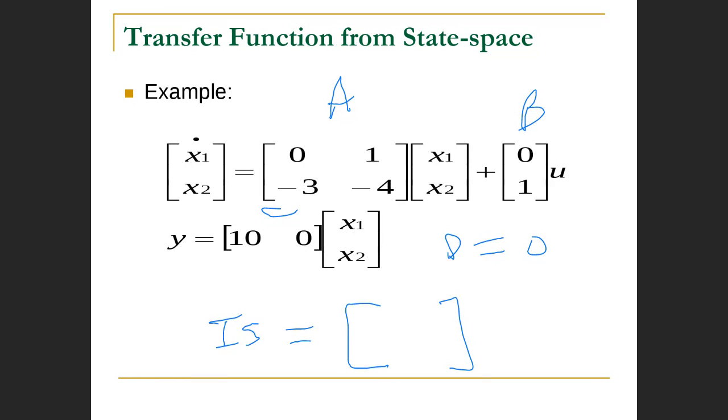S times the identity matrix. Here is the identity matrix. What's the result of that? S 0, 0 S. All right, thank you, so that's the first part.